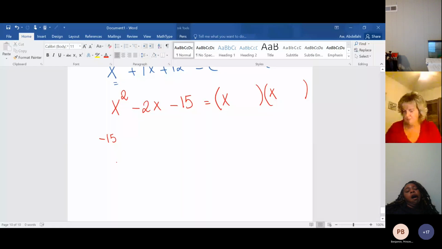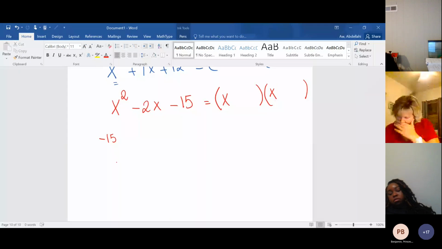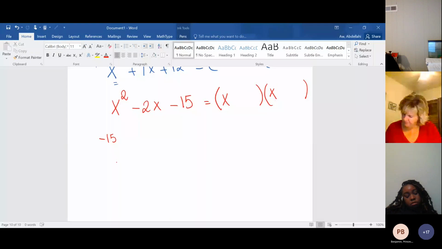When you multiply two numbers and you get a negative number, what is the logic behind it for those two numbers? One of them has to be positive, and one of them has to be negative, right? I know that, you see?